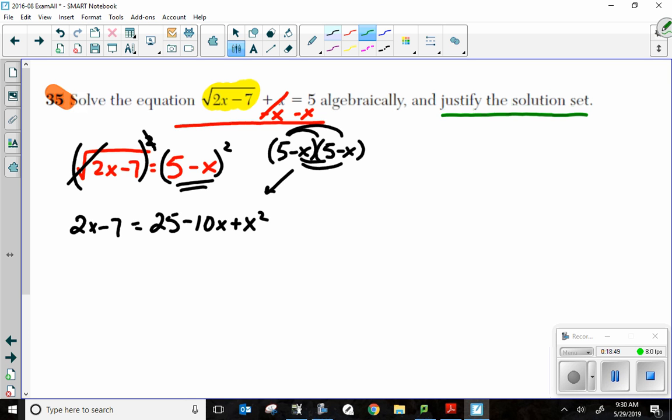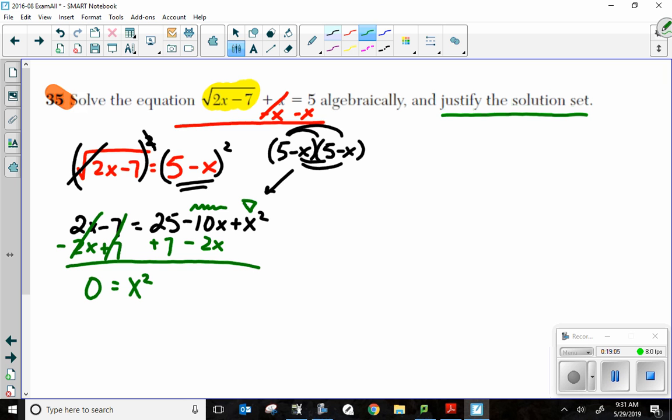All right, so I'm going to add 7 to both sides. I'm going to subtract 2x from both sides. And I'm going to write this in standard form, meaning my x squared is going to be written first. Then I've got my negative 10x and negative 2x, which gives me negative 12x. And I got 25 plus 7, which is 32.